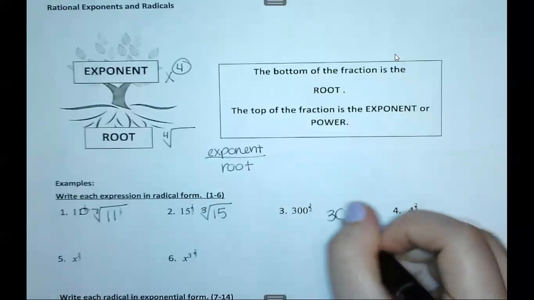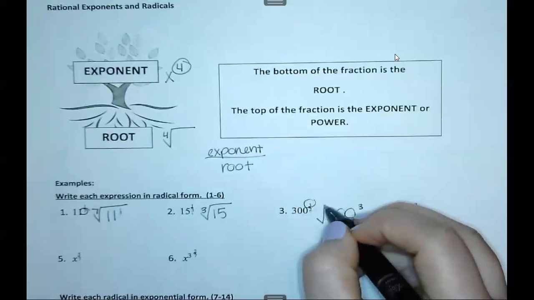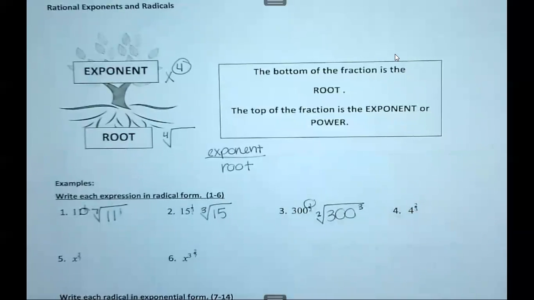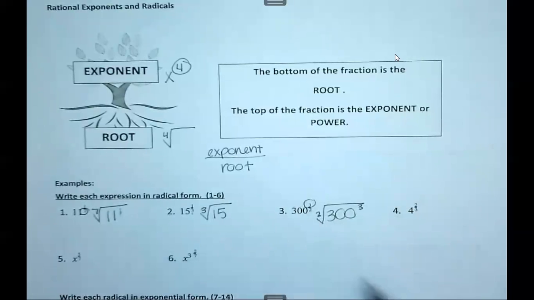So my 300 is being raised to the 3rd power, so top is our exponent, and my root is 2. So you can put a 2 here, but remember when you make a root, it's understood to be a square root if there's no number written here. So you don't have to put the 2. If it's any other number, we do have to write it.